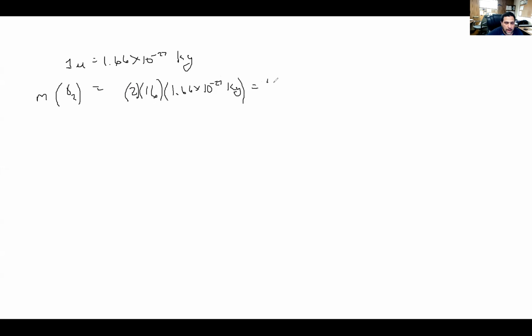You end up with 5.3 times 10 to the minus 26 kilograms for the mass of your oxygen.